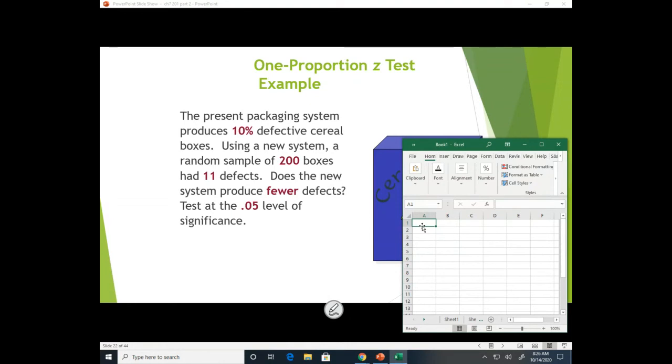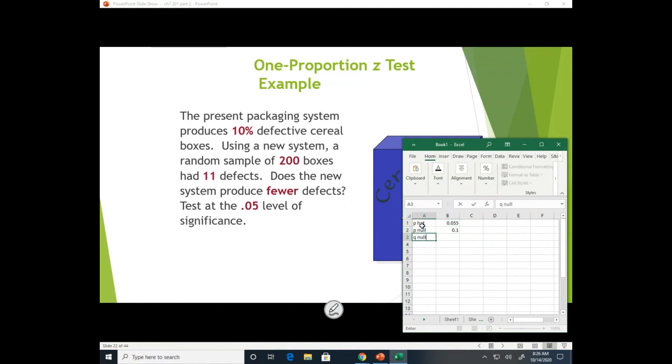So we need p hat, right? p hat is going to be the proportion of our sample. That's going to be equal to 11 divided by 200. We have a sample size of 200. Our p null, let's call it p0, was 10%.